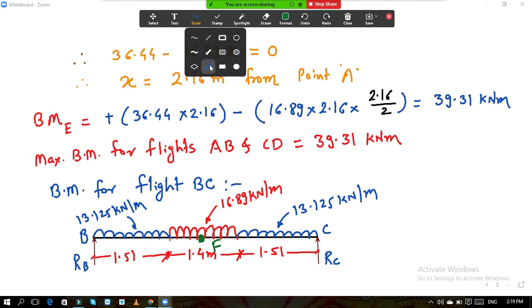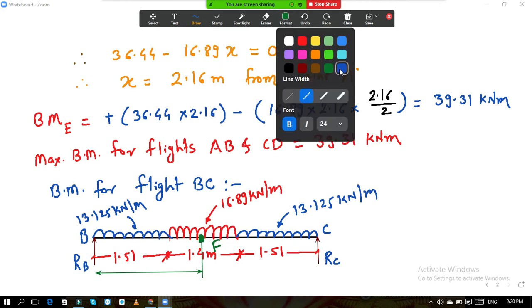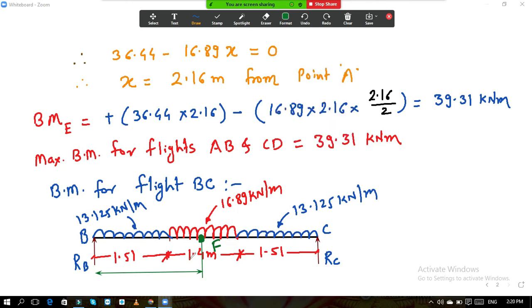And what is the distance of this point F? If this total is 1.4, the center of 1.4 is 0.7, plus 1.51.